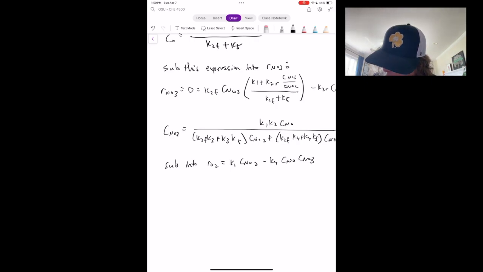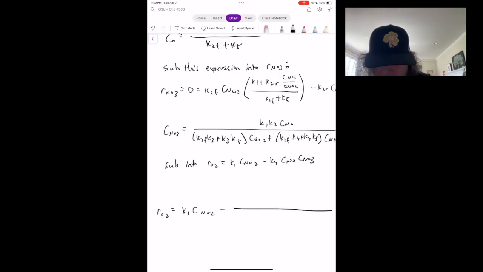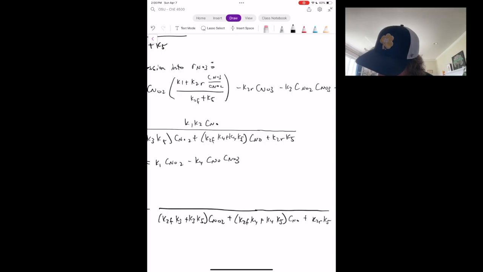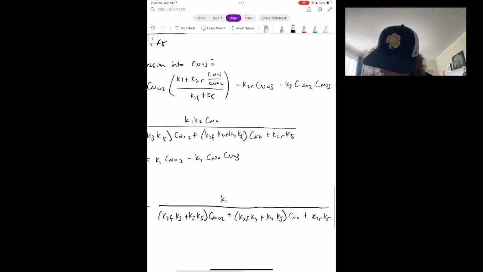If I do that, then I have RO2 equal to K1 CNO2 minus a very large term here, and then up here I would have K1, K2, K4, CNO2, CNO. All right.